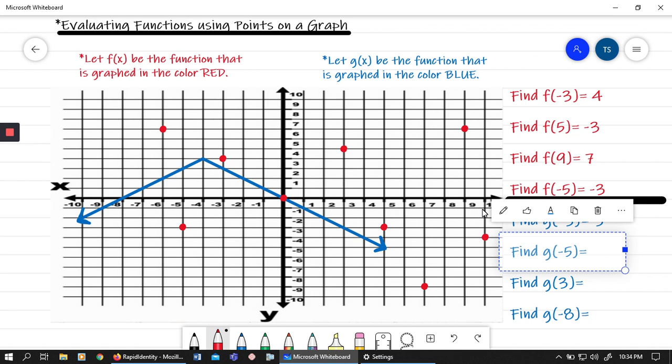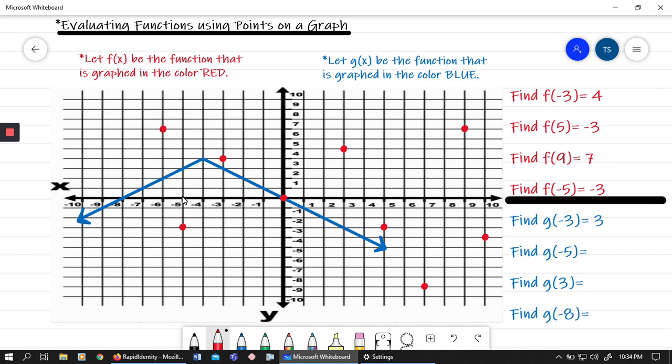Alright, let's do the next one. For this next one here, we are looking for g of negative 5. So we go to the x value of negative 5. From the origin, let's go left 5. 1, 2, 3, 4, 5 to the left. The only way for us to go, as far as the blue graph, is up in order to reach a point that's at this x value of negative 5.